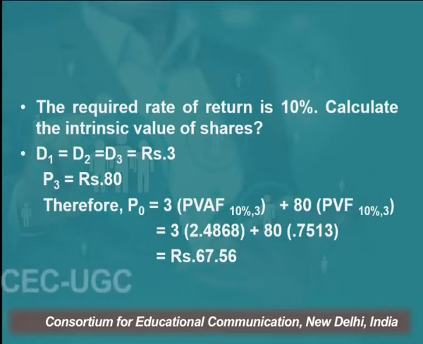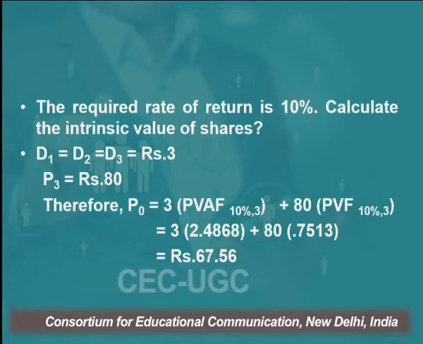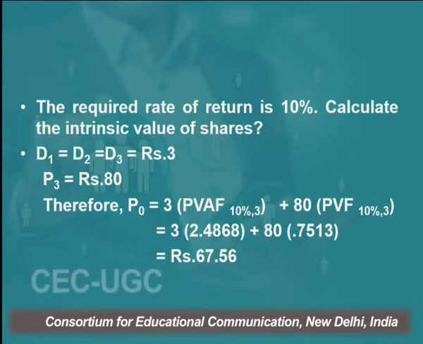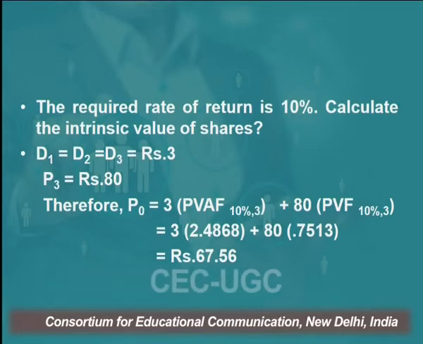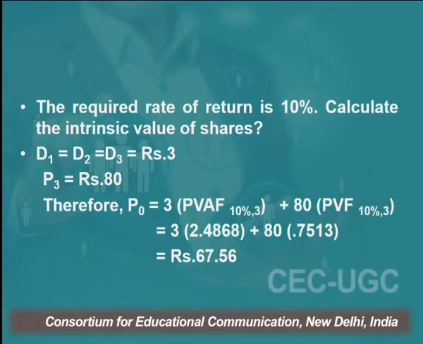What it means, friends, is that if the holding period is more than a year, and I am presuming the constant dividend model, the amount of dividend is going to be fixed for the holding period which the investor is having.